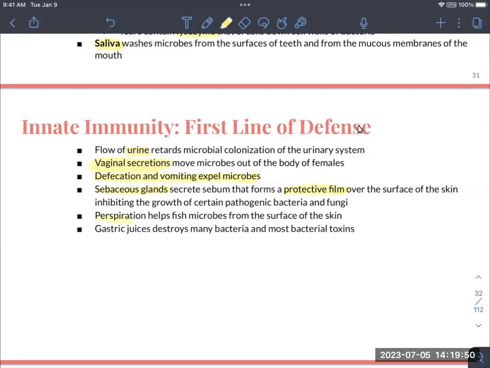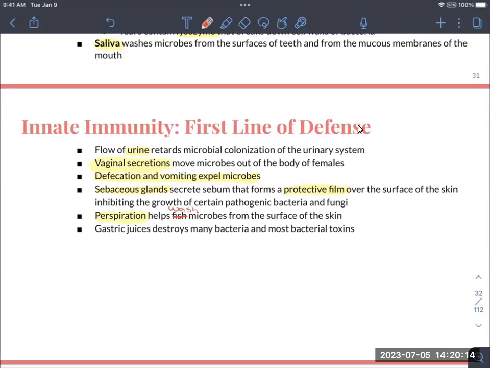Sweat, that perspiration. It helps to wash microbes off of our system, kind of get rid of them all. And then gastric juices from our stomach.